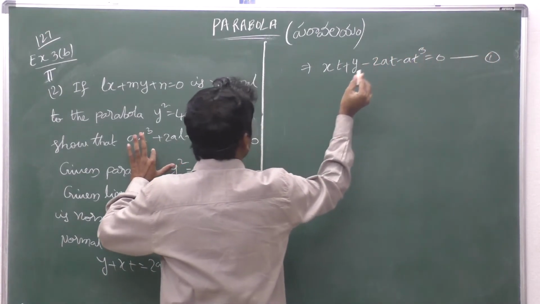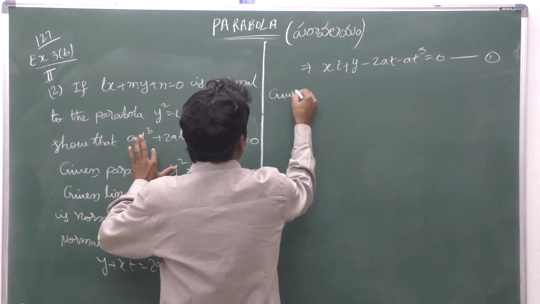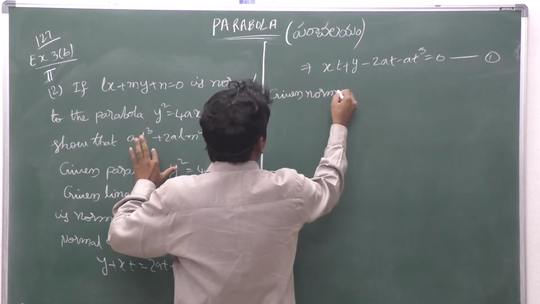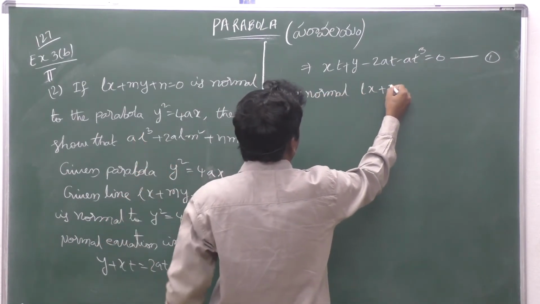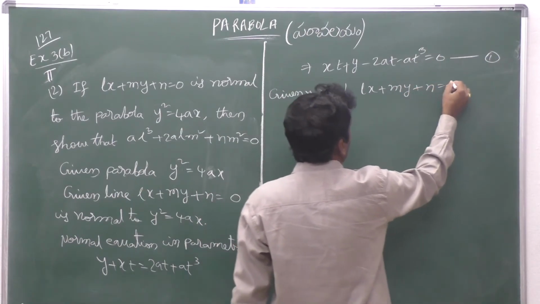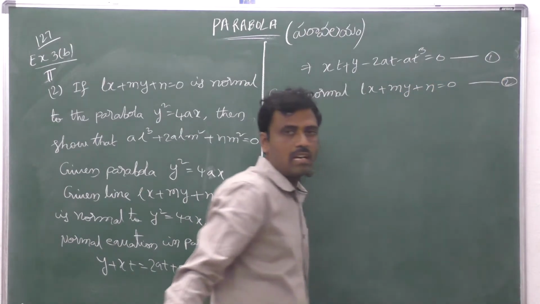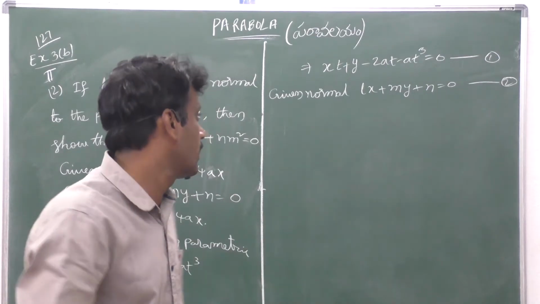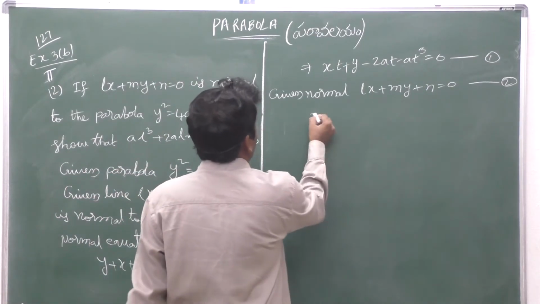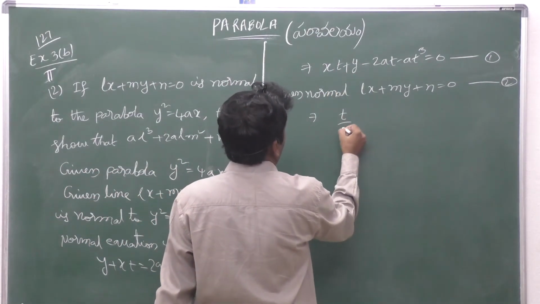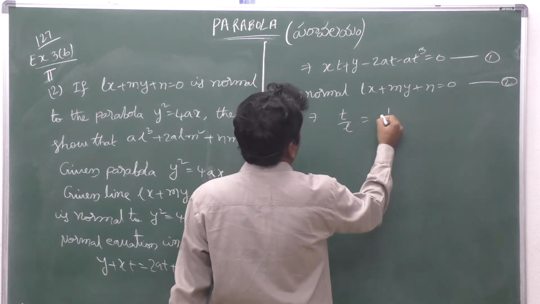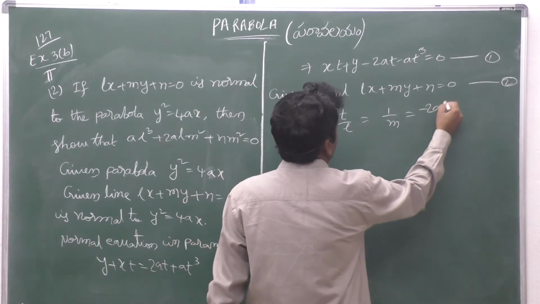Given normal lx plus my plus n equal to 0. These two are the same line, therefore comparing we get x coefficient by x coefficient, t by l, y coefficient by y coefficient, 1 by m, constant by constant.